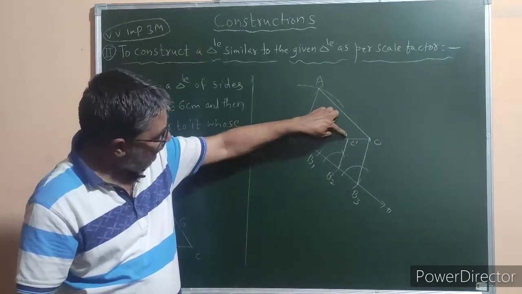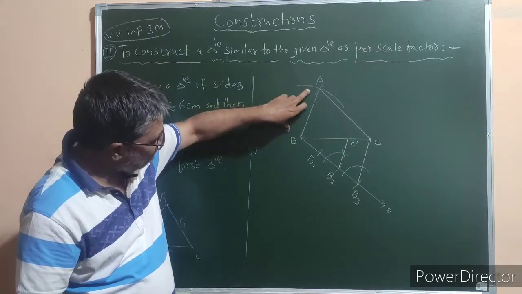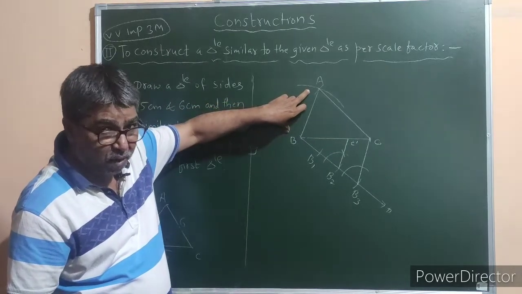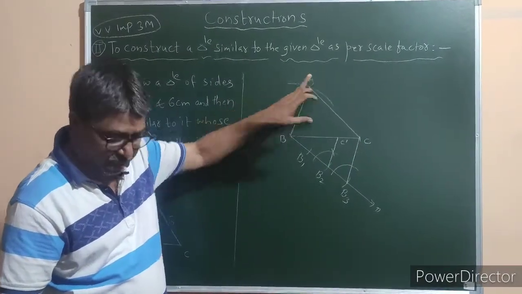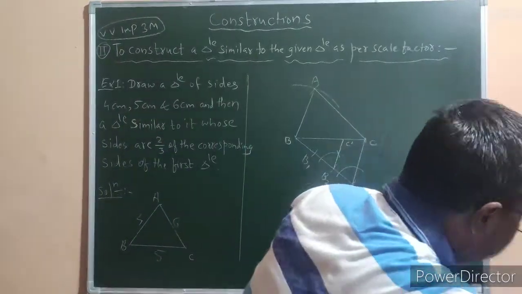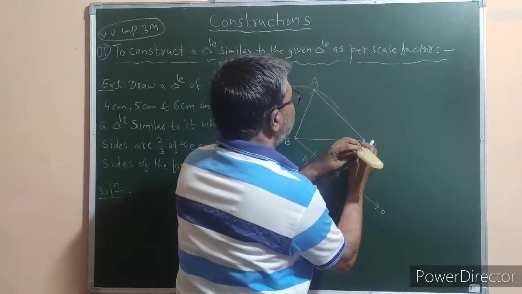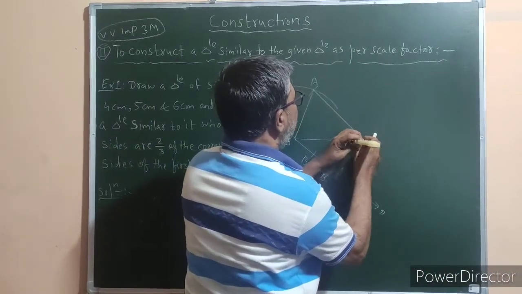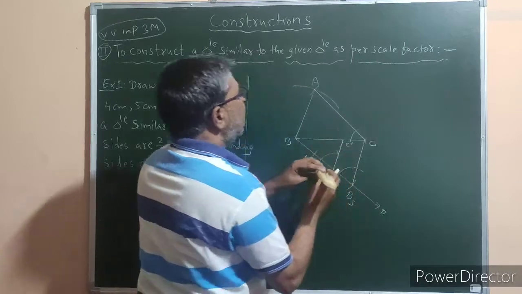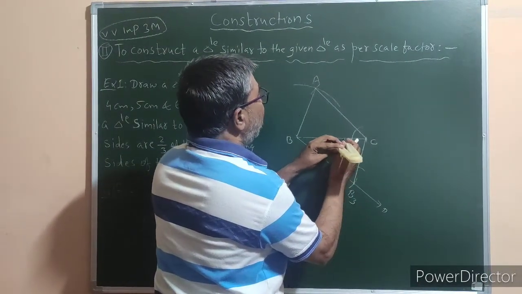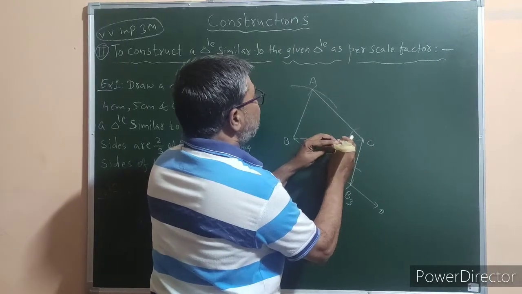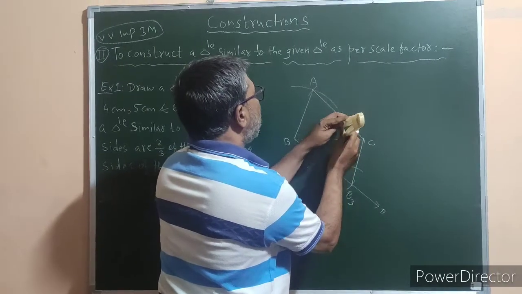So from C dash on to AB you have to draw one more parallel line which should be parallel to CA, and the same procedure you have to follow: taking a certain distance on compass, assuming C as center, cutting the sides by means of an arc, assuming C dash as center, drawing one more arc.